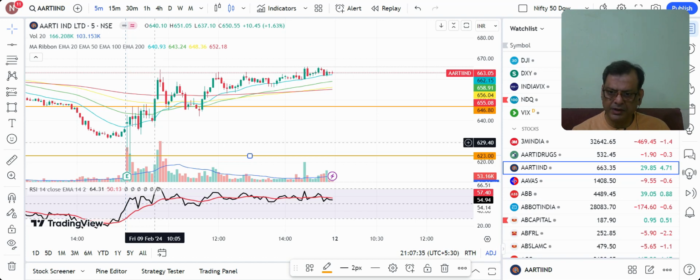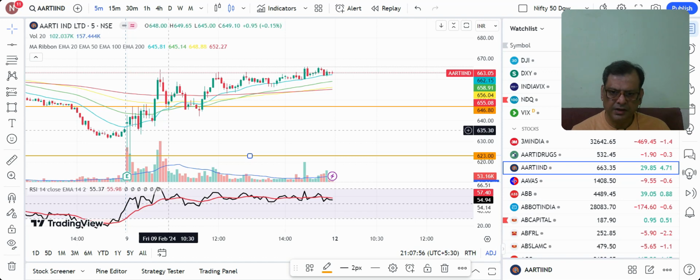So, at the close of this 650.55, let's say you put in an order 650.60 or 5-10 paisa more. So, here if you see this candle 650.55, your order would have gotten fulfilled. And you do nothing.